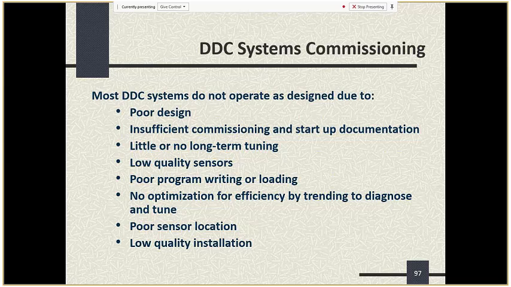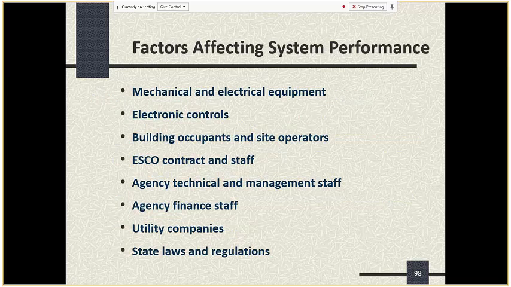Go to slide 98. Here's a global view of factors that affect the performance of all your energy saving systems. One is the quality of design of mechanical and electrical equipment. Obviously, the better that is, the better performance you'll get. Electronic controls, how well they work.